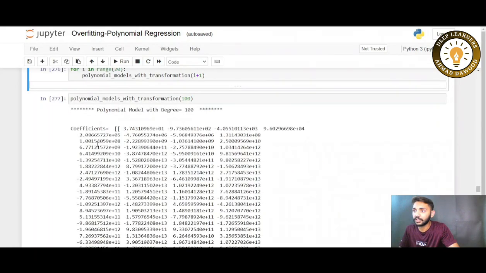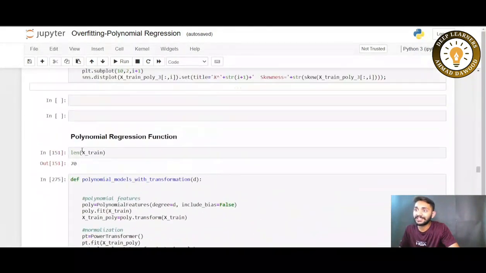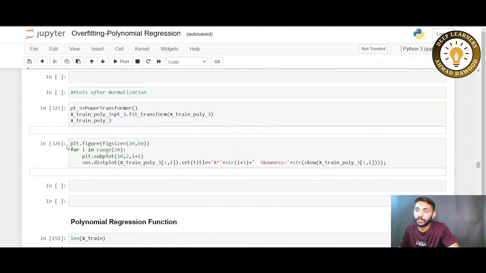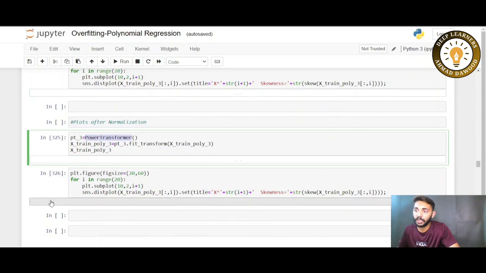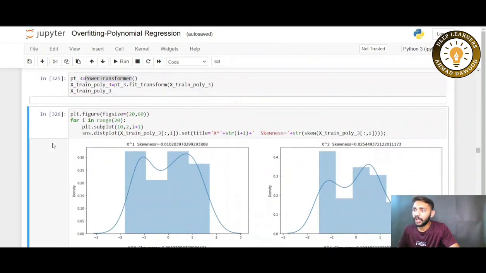So to decrease the skewness, because we have to pass these features to the linear regression, and I told you that linear regression type models are sensitive to skewness in the data, to remove that skewness I am using a power transformer. And you have seen here that after using the power transformer, the skewness of the data decreases a lot.